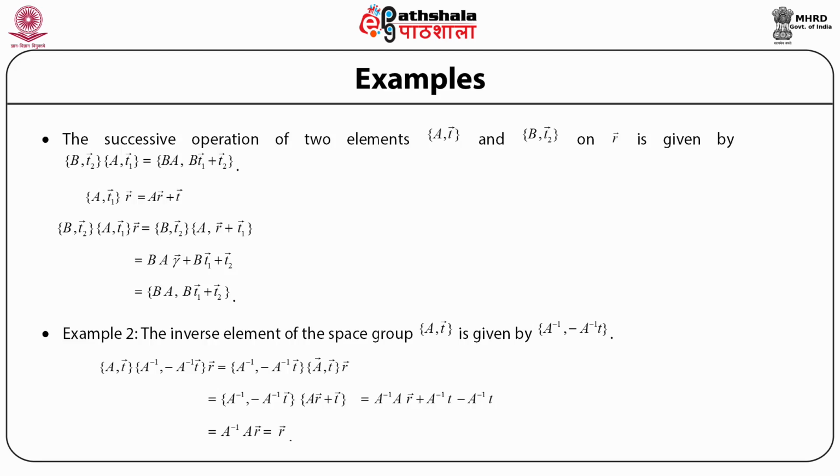The inverse element of the space group element {A|T} is given by {A^-1|-A^-1 T}.